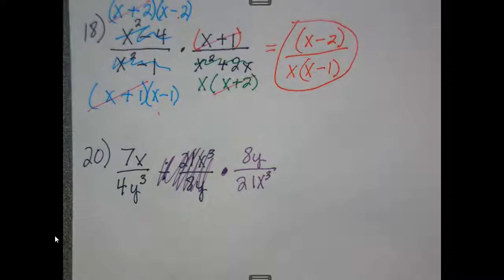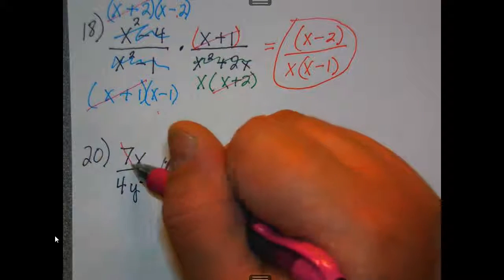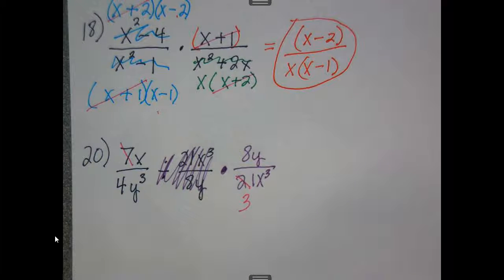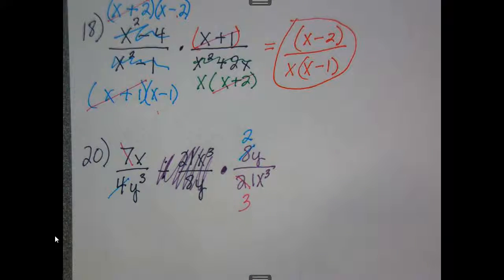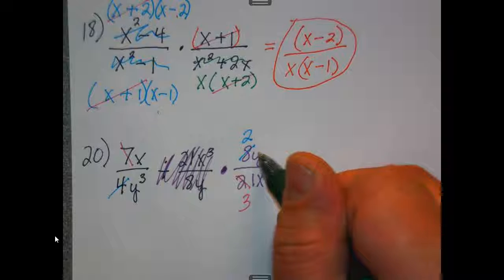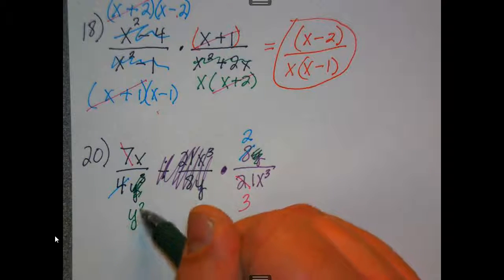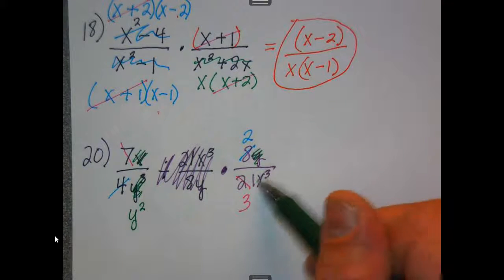Okay, cancel out. Okay, 7 goes into 21 3 times. 4 goes into 8 twice. I have 1y on top, 3 on the bottom. So I have y squared. I have 1x on top, 3 on the bottom.